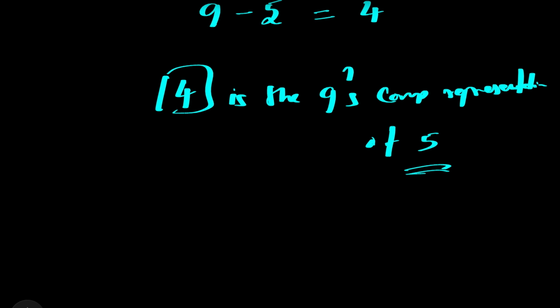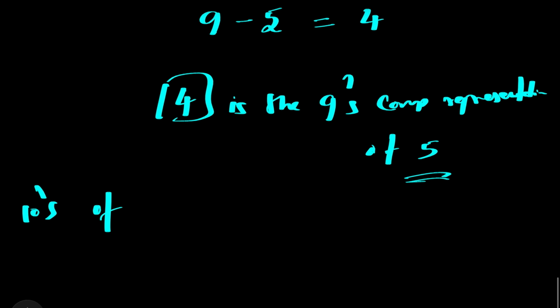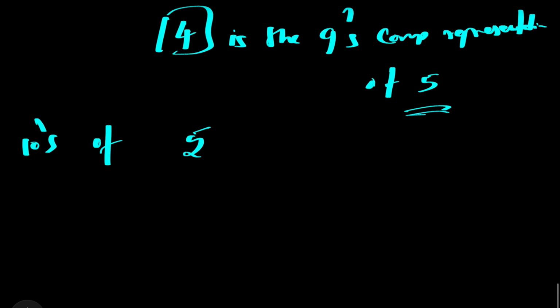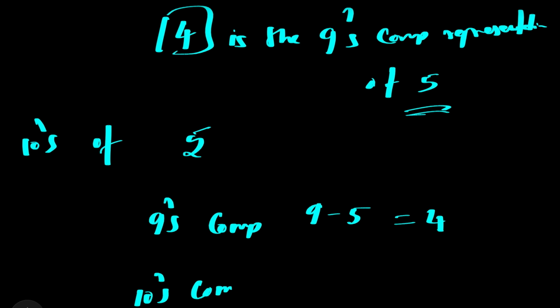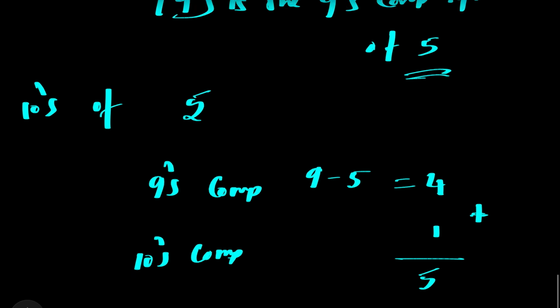The same way, 10's complement of 5, right? It's simple. What do you have to do? First we take a 9's complement, that is 9 minus 5 is equal to 4. Then 10's complement is just adding 1 to the 9's complement, so it became a 5.